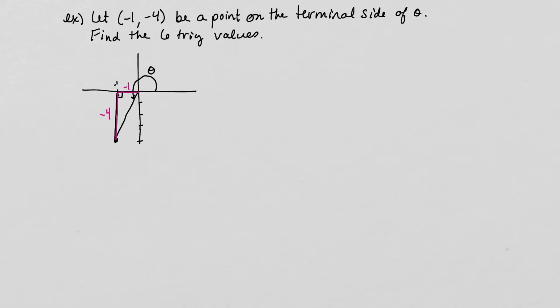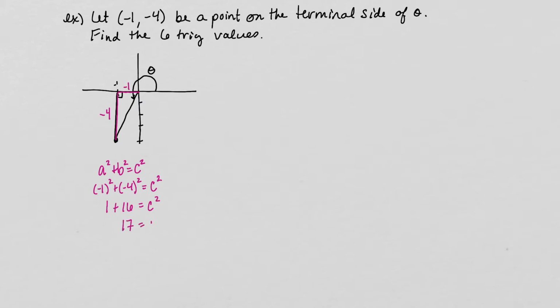Okay, just like before, I'm going to use the Pythagorean Theorem to help me find the hypotenuse. So a squared plus b squared equals c squared. So -1 squared plus -4 squared equals c squared. So 1 plus 16 equals c squared.